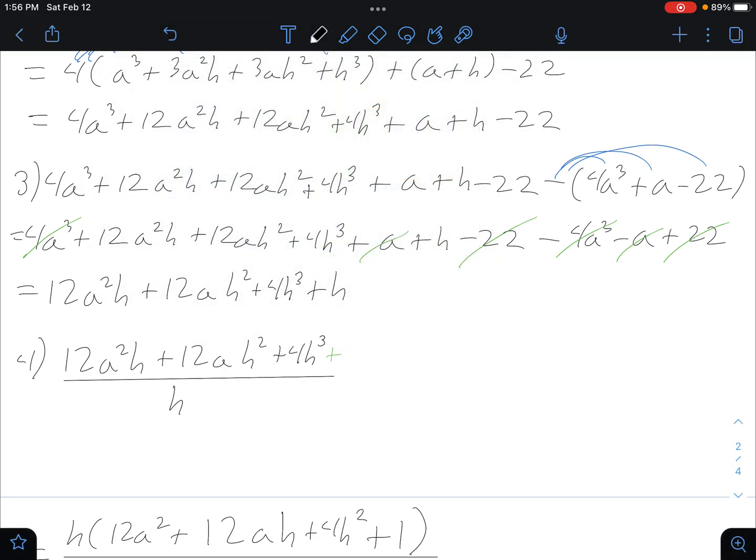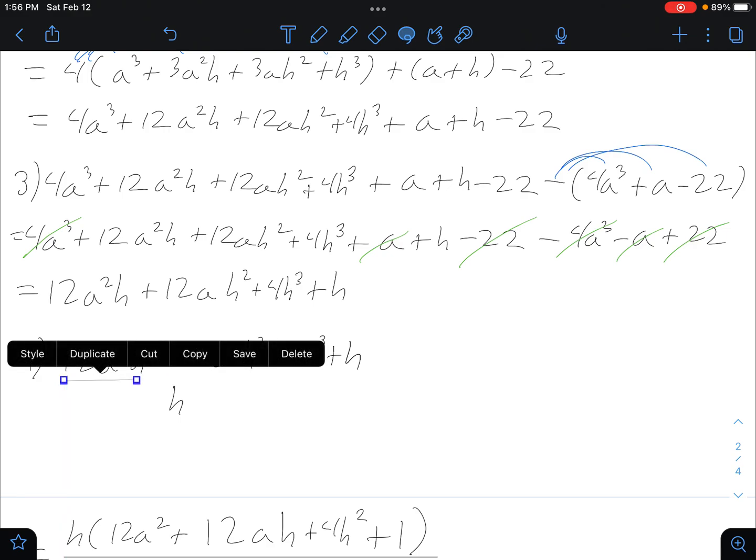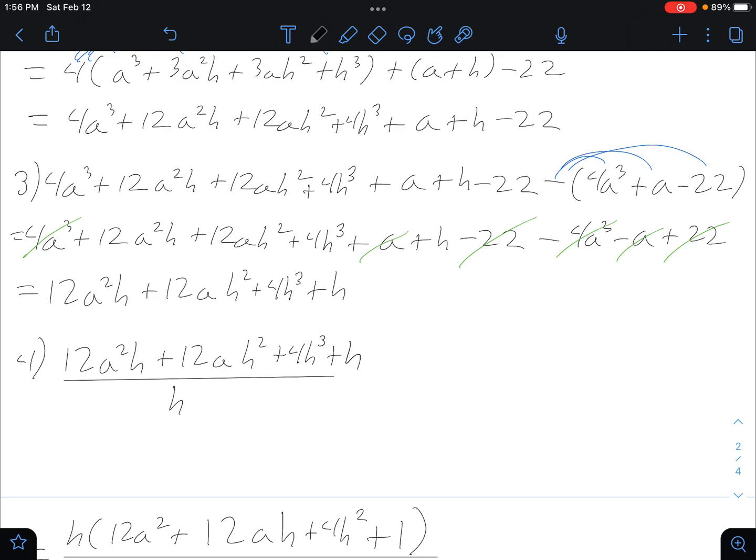Because all we are doing here is dividing 12a squared h, I'm sorry about that, plus 12ah squared plus 4h to the third plus h over here, divided by h.